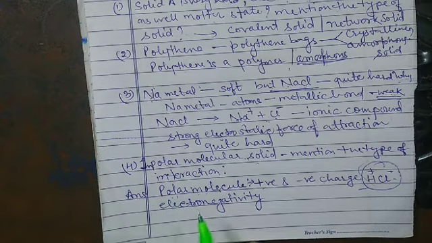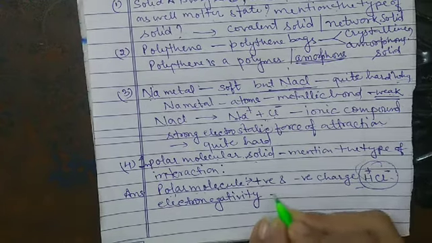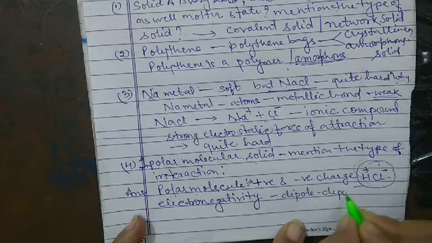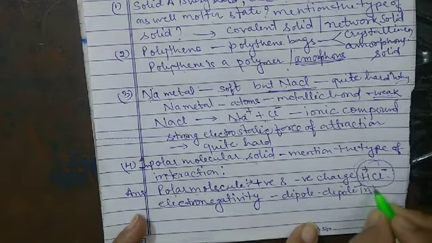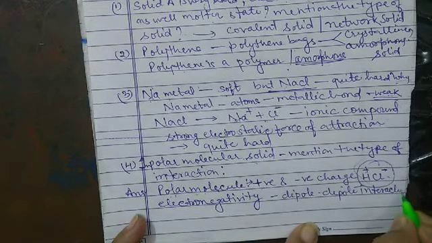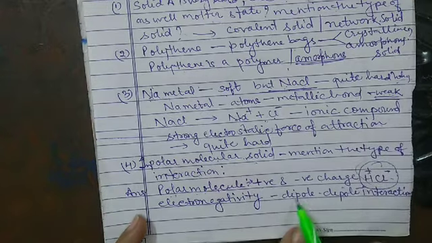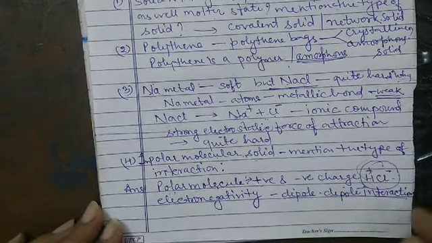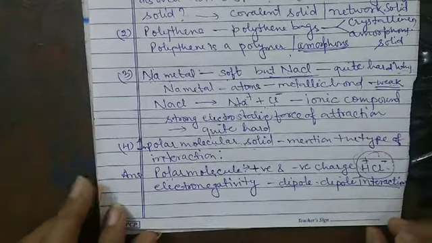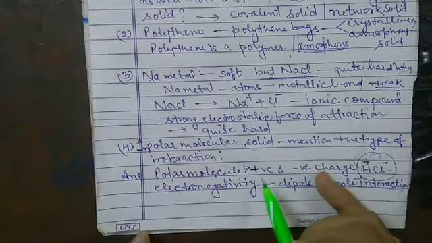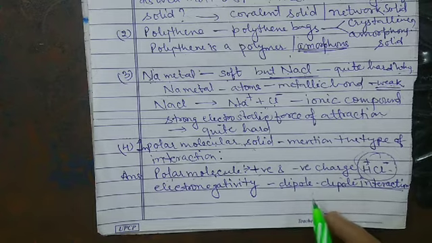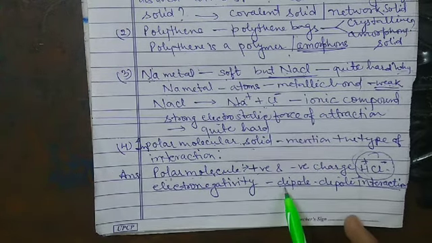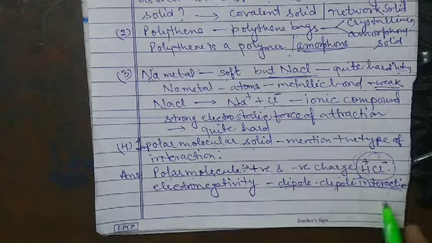Because of the electronegativity difference, definitely there will be a dipole interaction. Now the word dipole is used for two poles. Dipole means two poles. We know that the two poles are, one is the positive terminal, and the other one is the negative terminal. So this is the answer. The polar molecule possesses the dipole interaction.